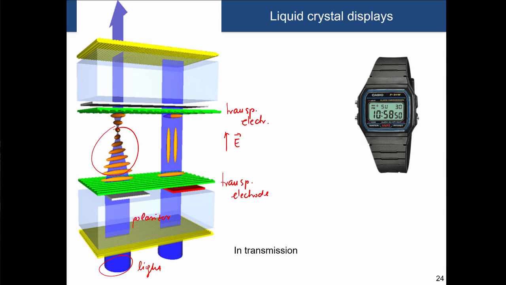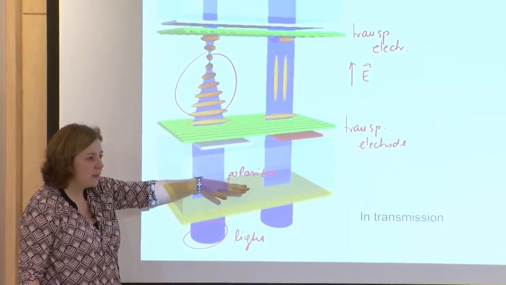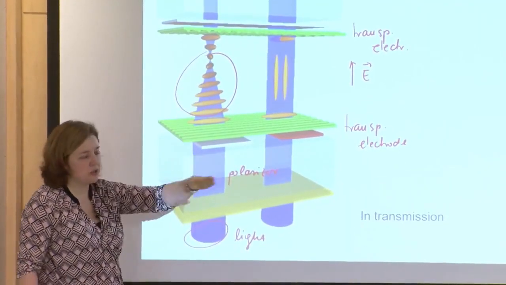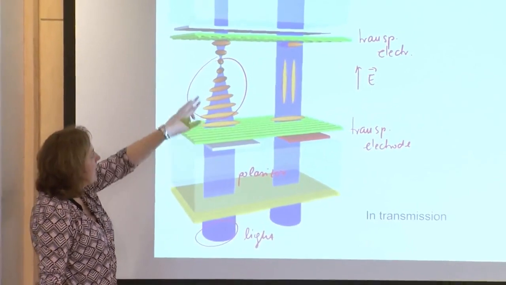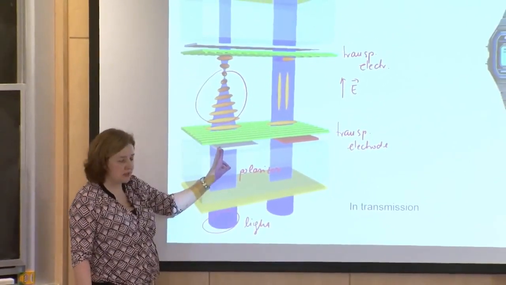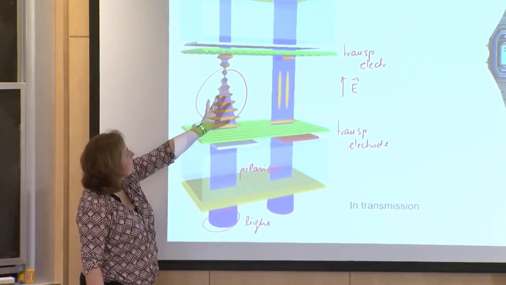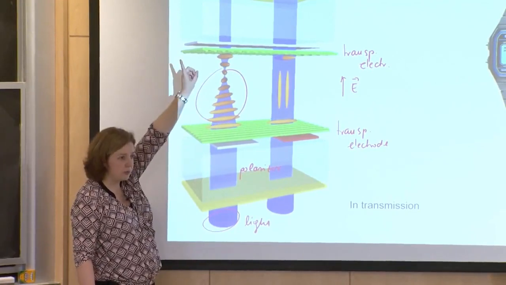And if this liquid crystalline material is twisted in a way that is described here, then the polarization of the light will change accordingly. Because of the nature of the molecules, they will shift the polarization of the light. And this polarizer is perpendicular to this one. So in this particular state, the light will go through, right?